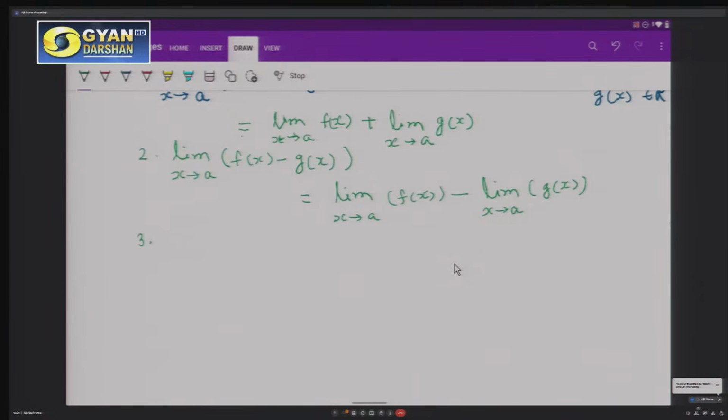Similarly, it is also true for multiplication.